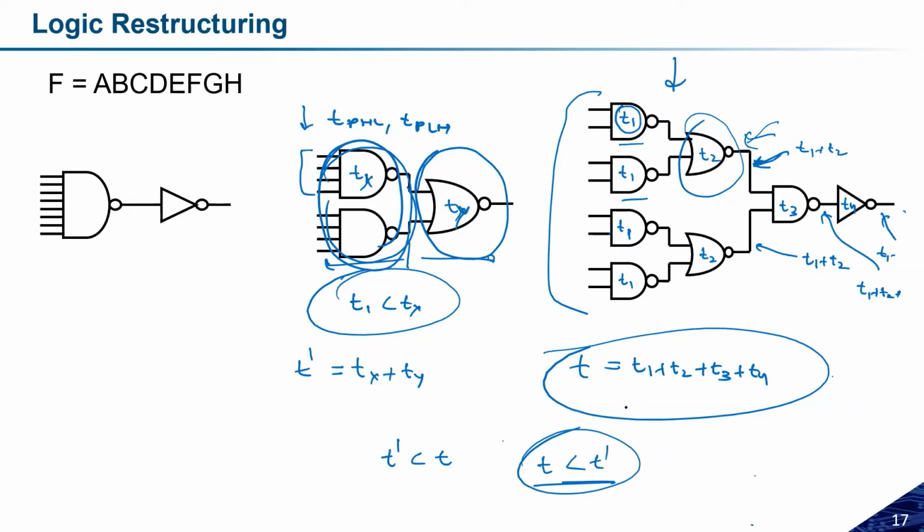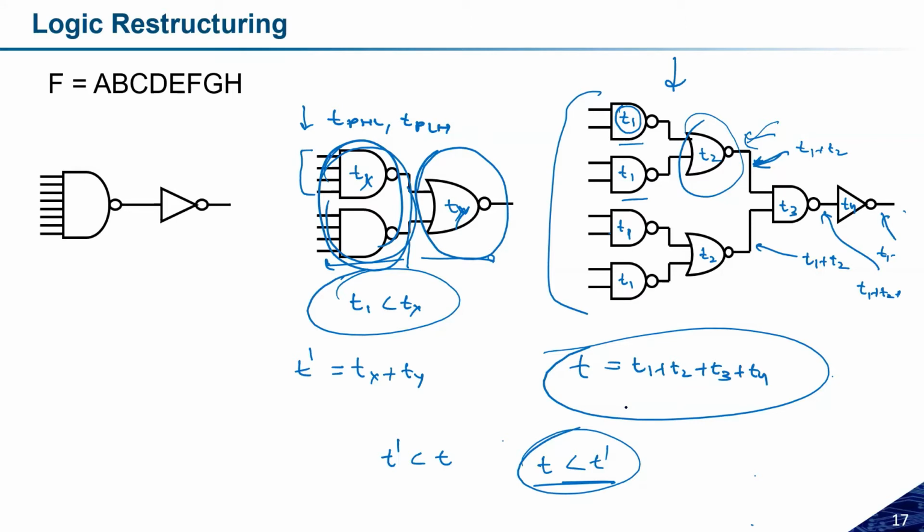These T1, T2, T3, T4, Tx and Ty are the gate delays, and the TPHL and TPLH are the internal delays. If I reduce the fan-in, I am optimizing the internal delays, and the overall delay will be reflected by all the individual blocks, that is, how many gates we have connected in cascade. So this is really very important to optimize.